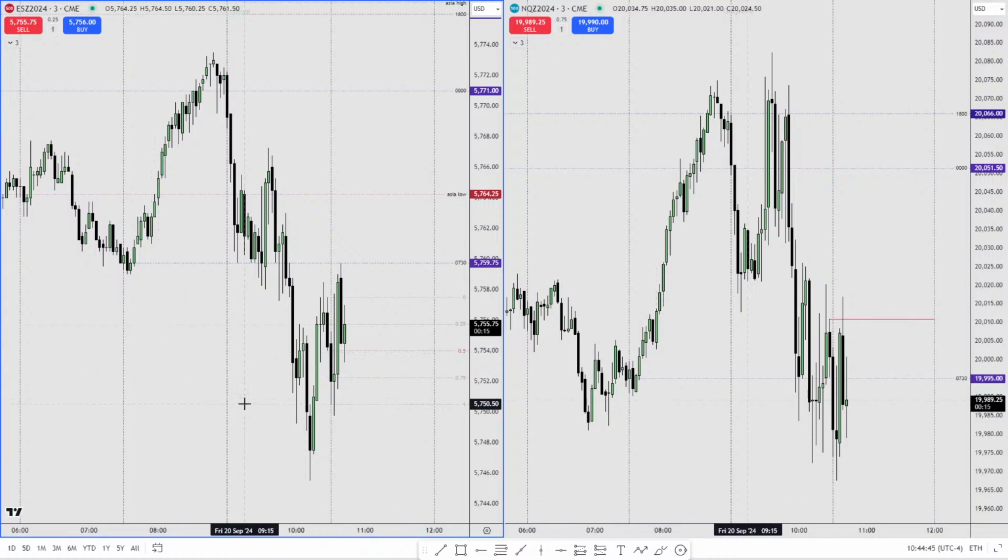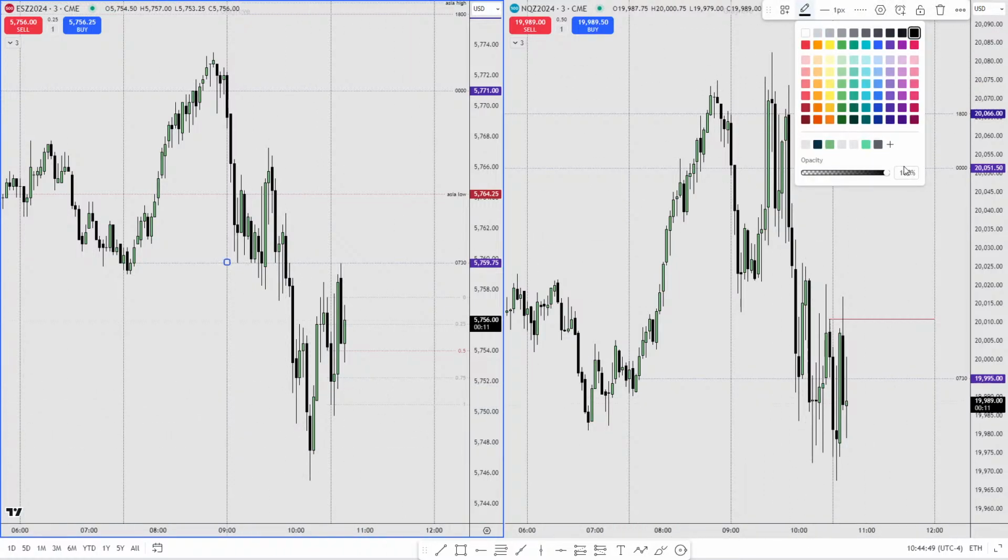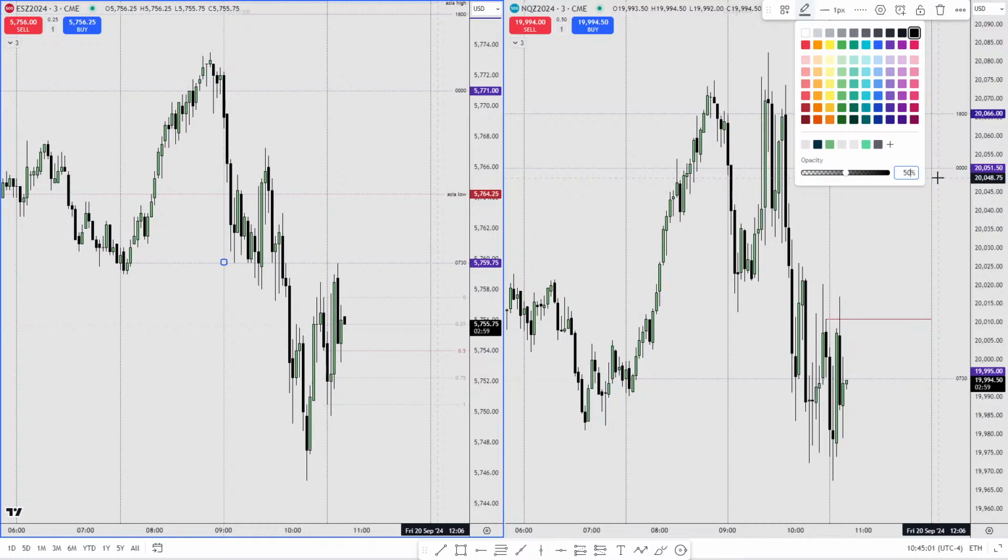The lines are quite distracting. I don't like it, but it helps. Oh, it's 100%, no wonder. Can I do 50? Yeah, I think 50% is better. Or maybe 25. 35. Let's try 35.